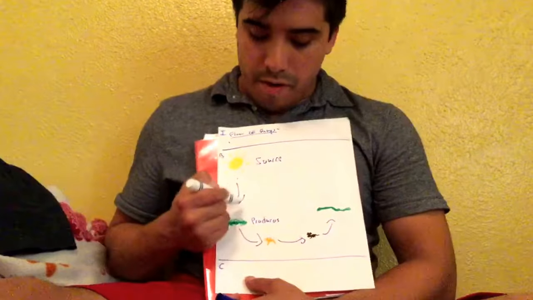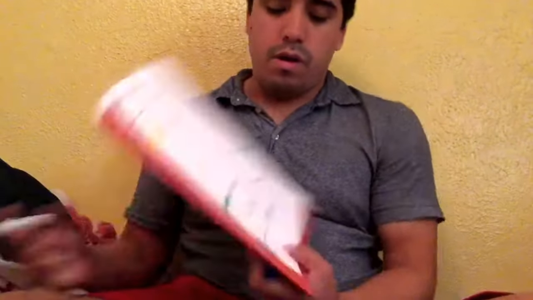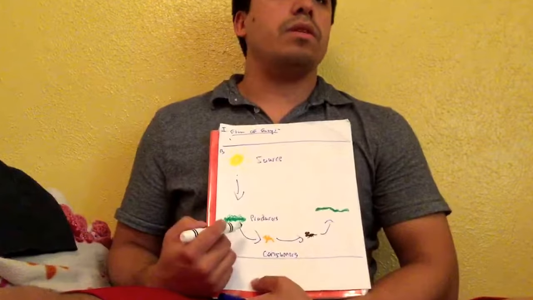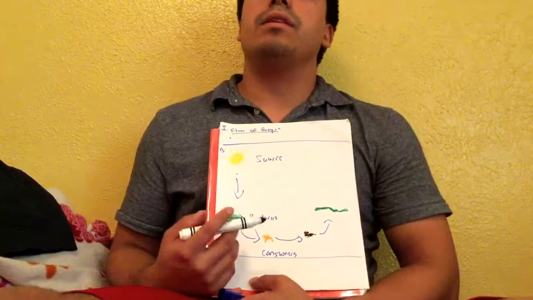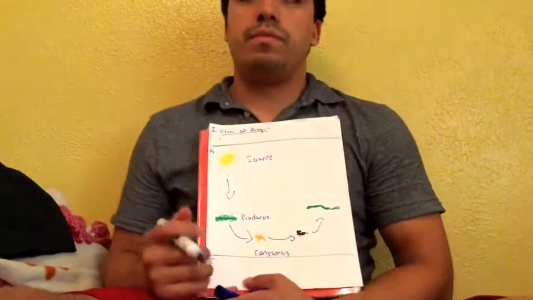Okay, so that's why it's necessary for these organisms to eat the other organisms before them. Okay, so moving on from the producer, we have what's called a consumer. Now consumers are organisms that eat other organisms. So if I were to ask, what are humans? What do you think we would be? Rogelio.